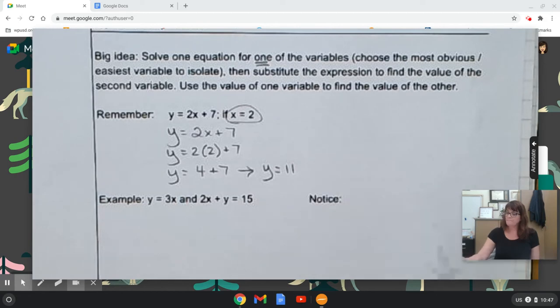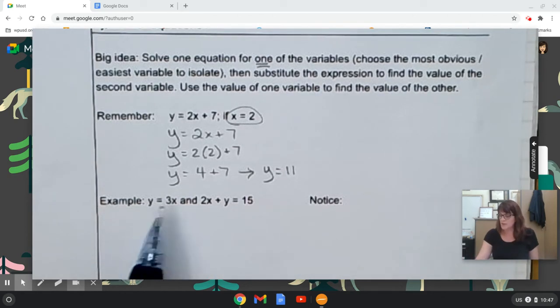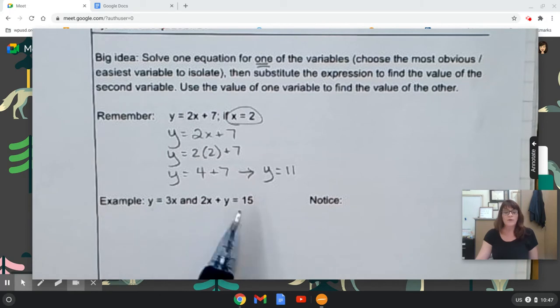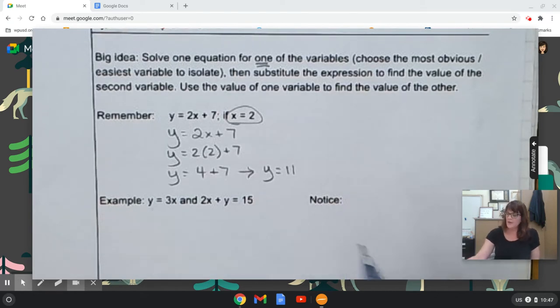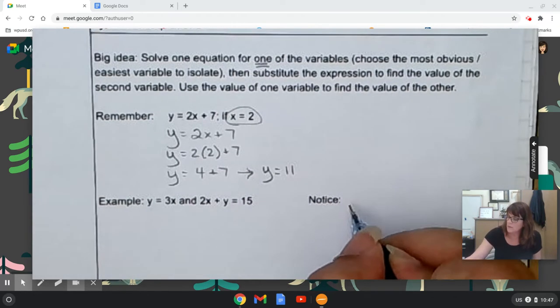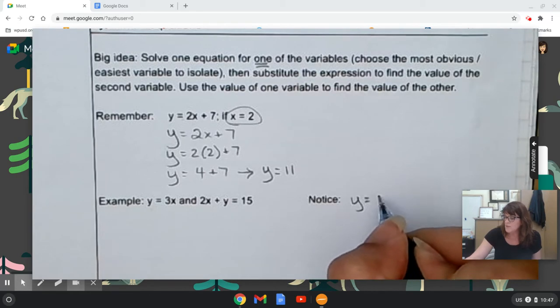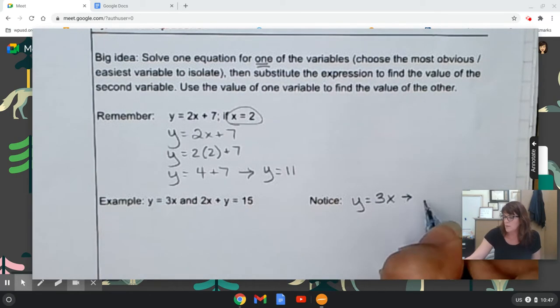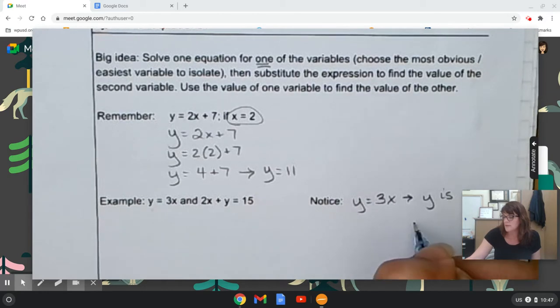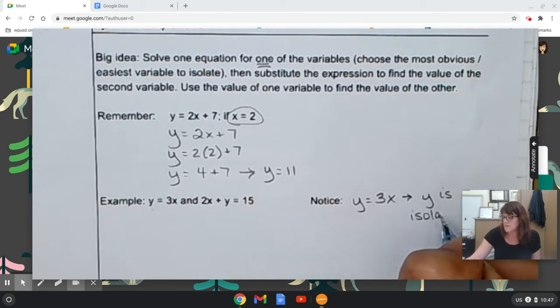Okay. Now, what happens when we have systems of equations, which we learned to define previously? Here we have two equations. Both equations have an x and a y, so it's a system of equations. The thing I want you to notice: y equals 3x, y is isolated.